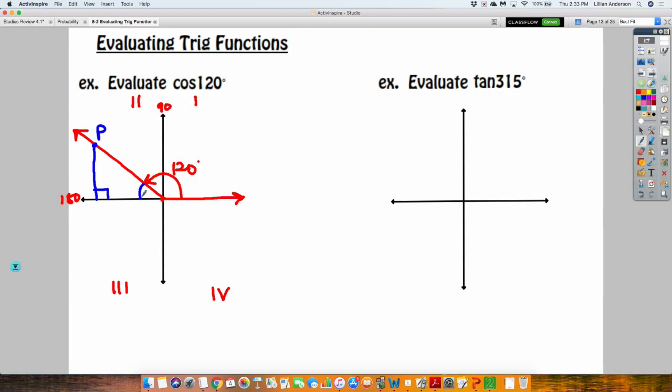You know that because since there's 180 right here, that's 60 degrees difference between where the terminal side ended and the x-axis. Yes? Okay. What step was that? Step 4.